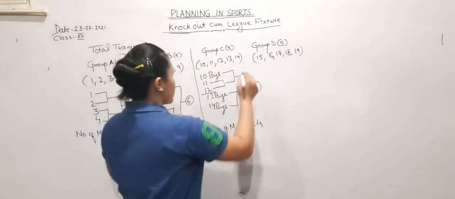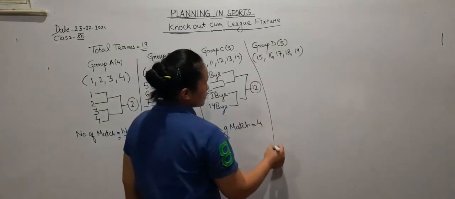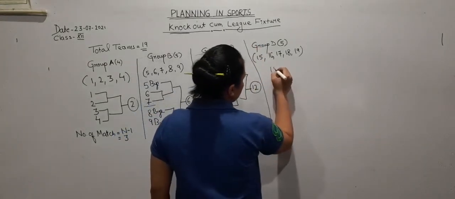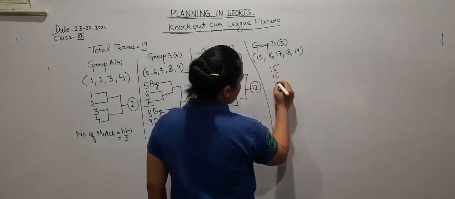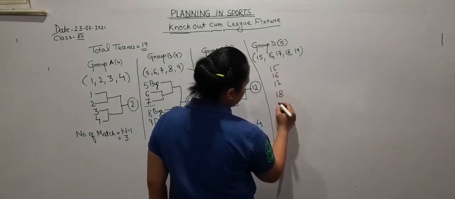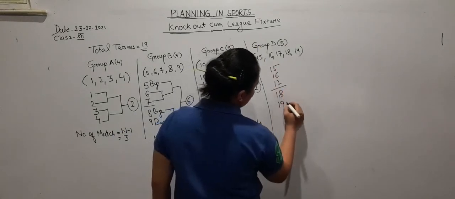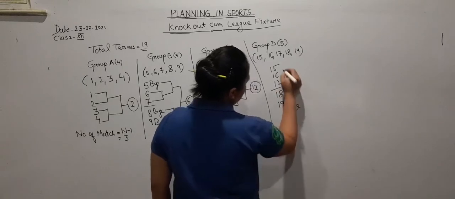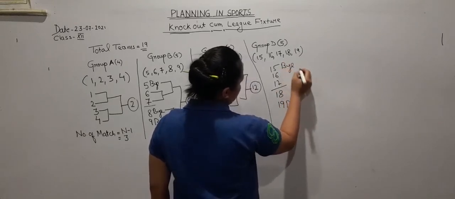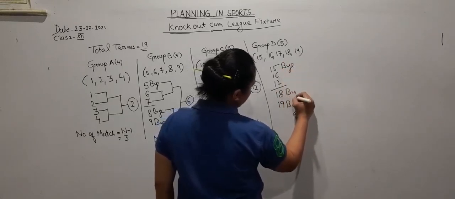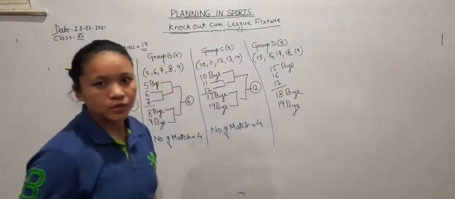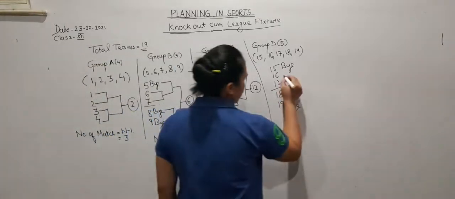Now in the same way we will do for group D: 15, 16, 17, 18, 19. So first bye, second bye and third bye. There are 5 teams, so we will give 3 byes.